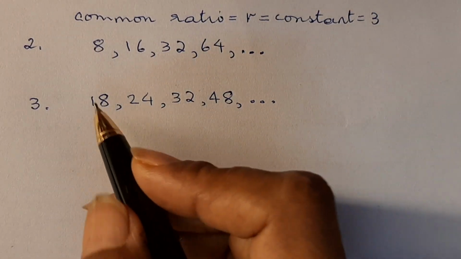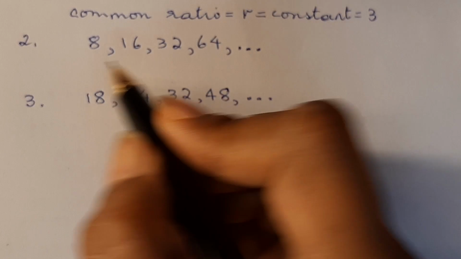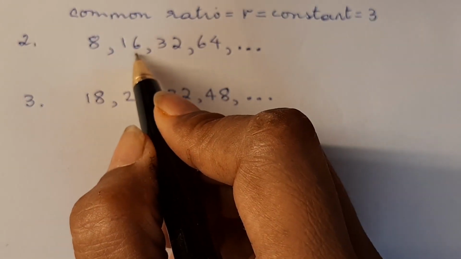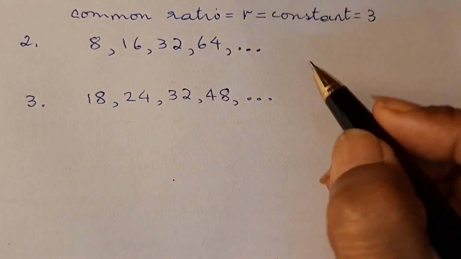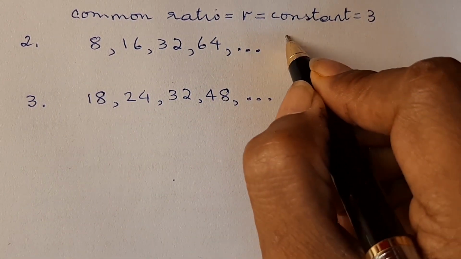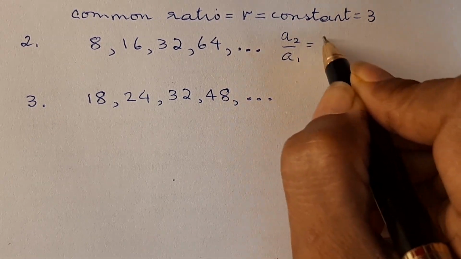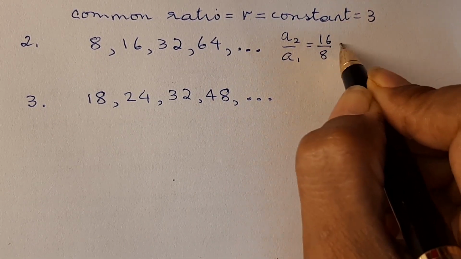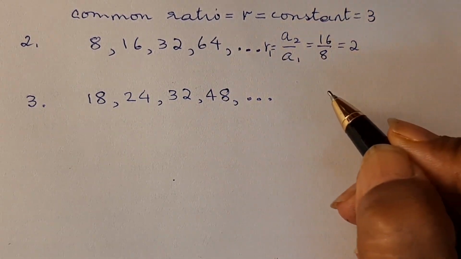Now, let us check it out for our second question. Our A1 is 8, A2 is 16, A3 is 32, and A4 is 64. So, we will write over here A2 upon A1 will be 16 upon 8, which is equal to 2, which I'll call R1.